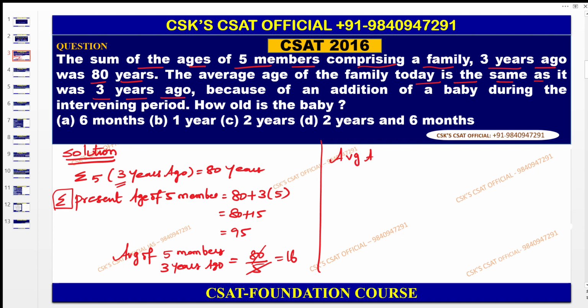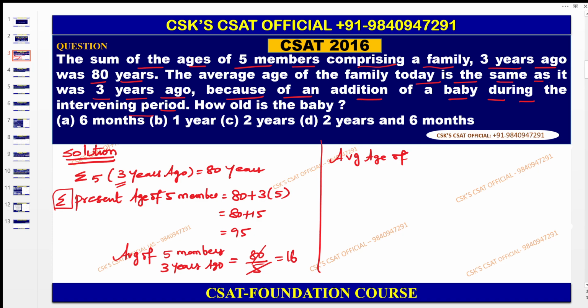Now for the present we will focus here. The average age of, now try to read it carefully, because of the addition of a baby during the interval period, how many people are there at present is very important.